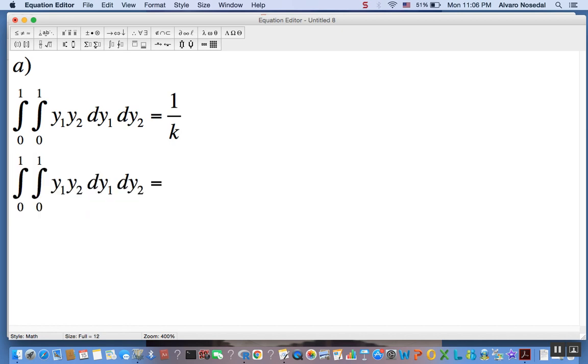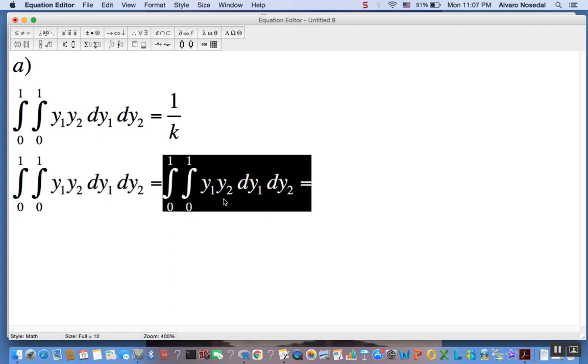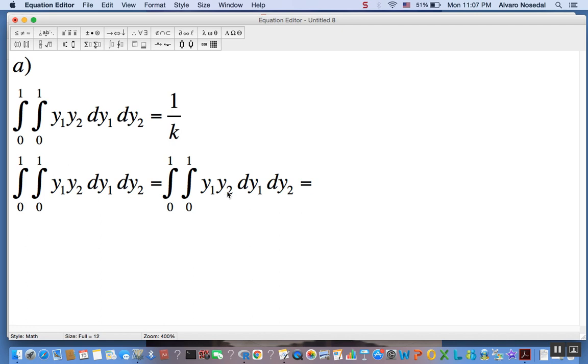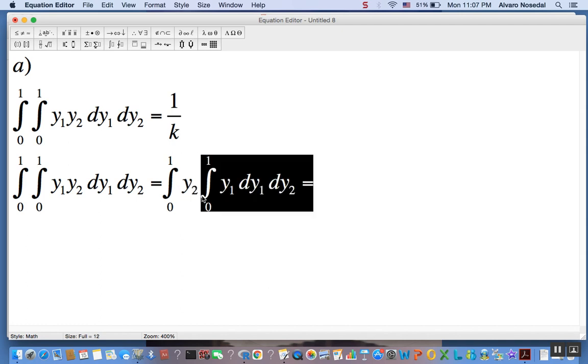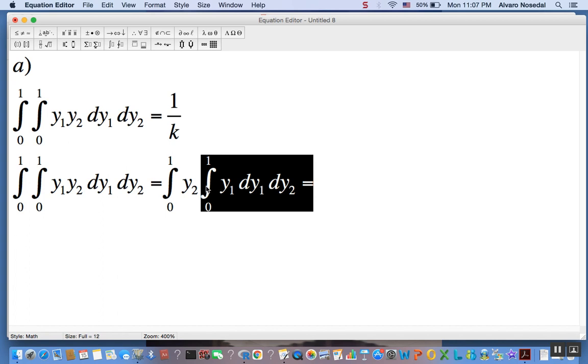This is not going to be too bad, right? First, note that we are integrating with respect to y1 first. So with respect to y1, y2 is constant, so we get to factor it out here. Let me place it outside, and place brackets for that integral that we have there.